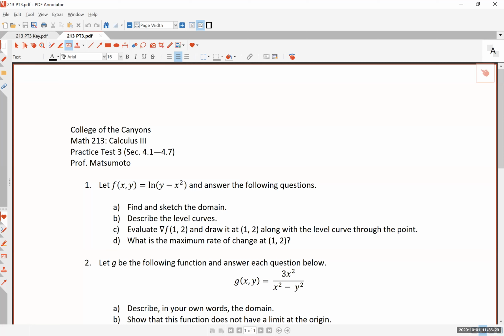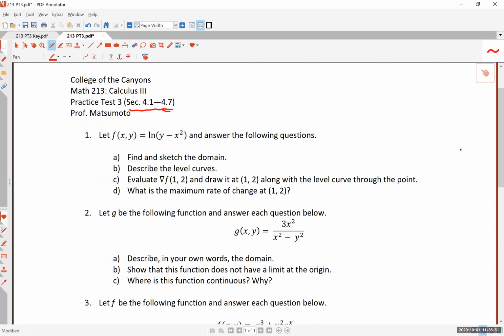Practice test number 3. Okay, so as you know, this is what the practice test looks like, and it covers sections 4.1 to 4.7. All right, and again, there is an optional section 4.8 whose method you can use if you like.